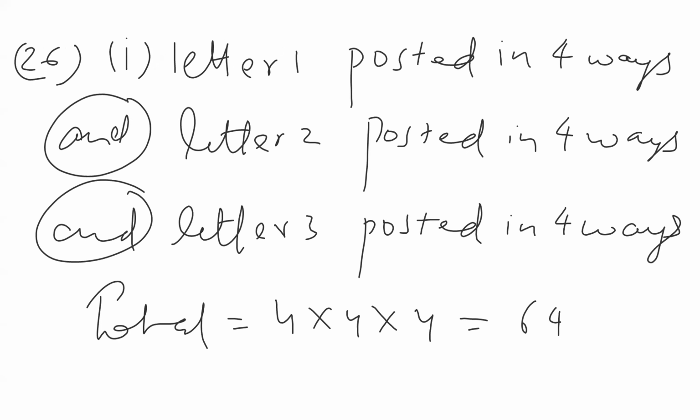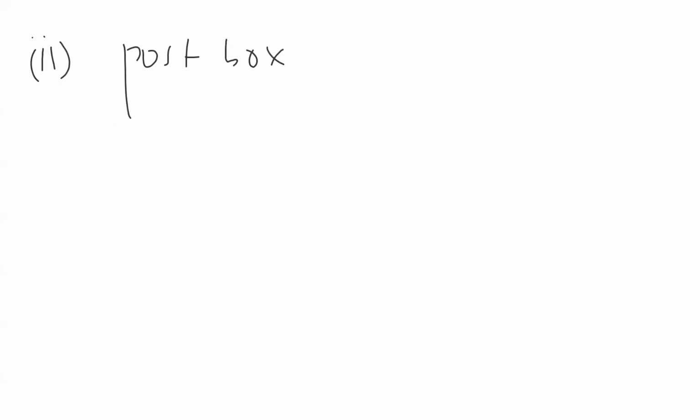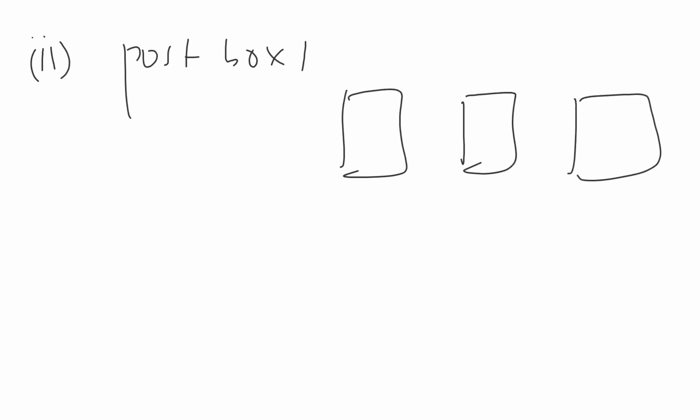Okay. So the condition put in the second subpart is, in post box number one, all 3 letters cannot go. What are the number of ways in which all 3 letters can go in post box one? Post box one, two, three.